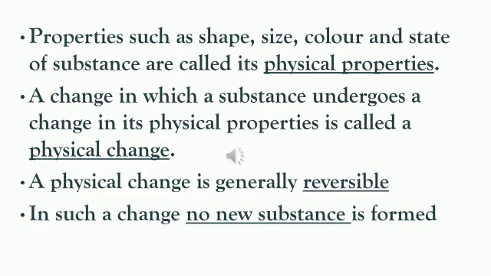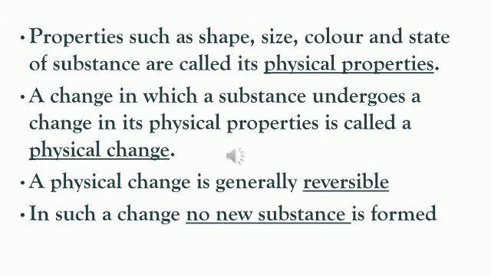So these are said to be physical properties, isn't it? A change in which a substance undergoes a change in its physical properties. So just now I mentioned all these physical properties such as shape, size, color, and state of substance. If it is going to change, okay, then it is said to be a physical change.